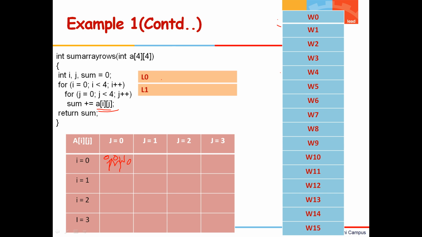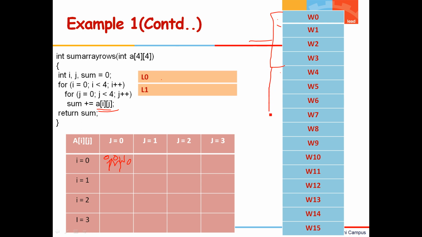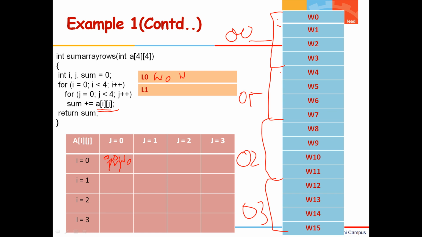This is 4 bytes, this is one block. Second block is 0,1, 0,2, 0,3. So when this lands here, we'll have W0, the first one was a miss. W0, W1, W2, W3 will be loaded.